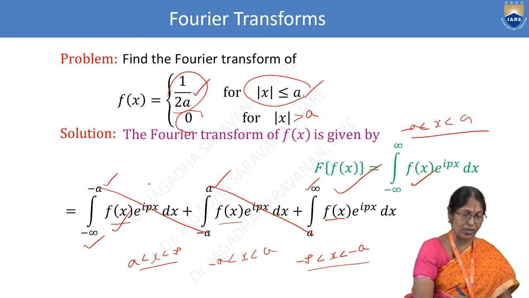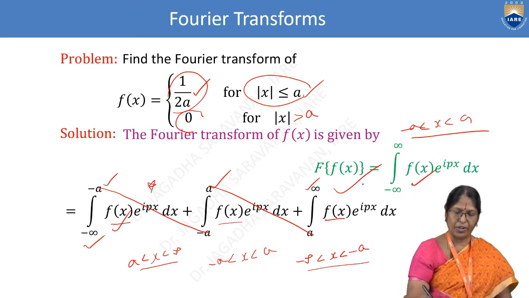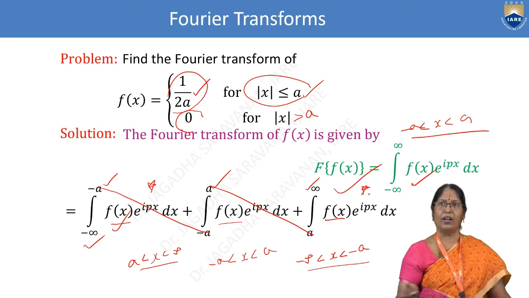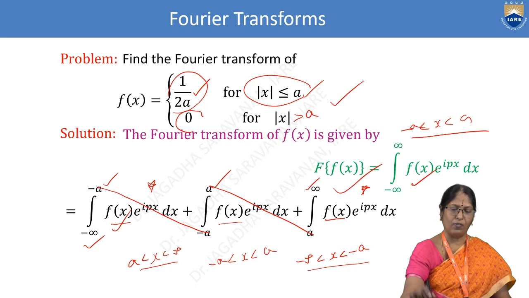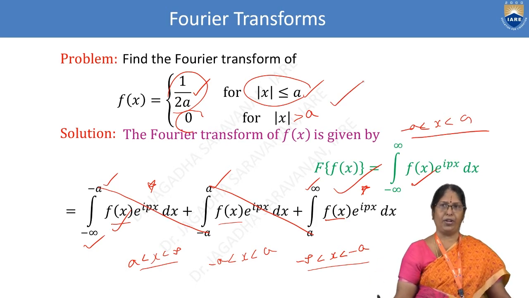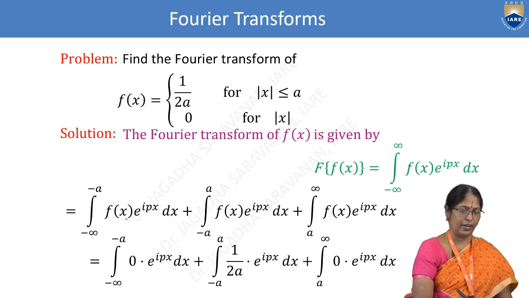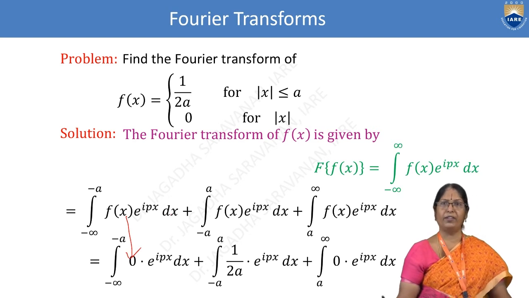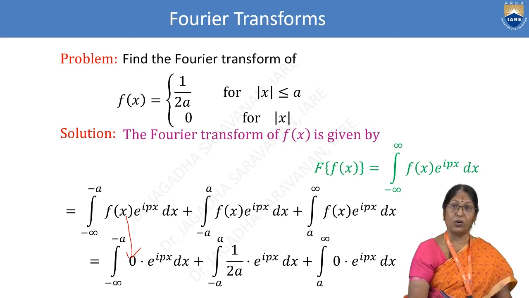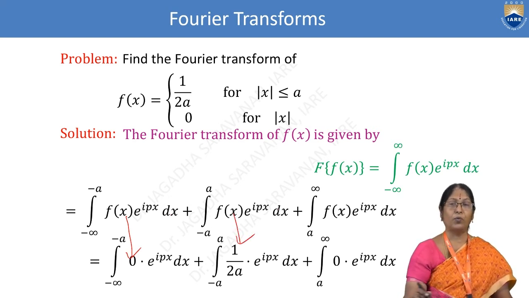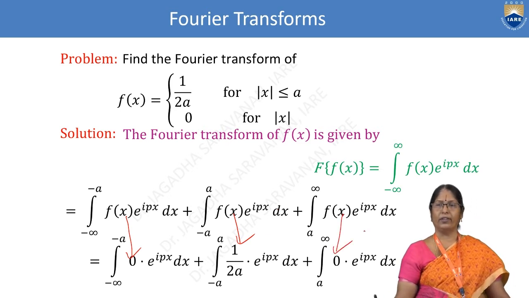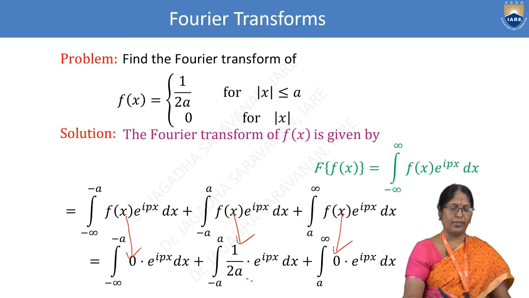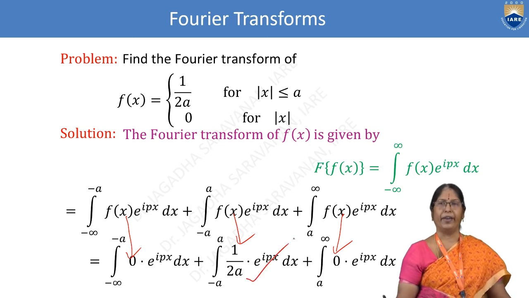Now the first integral and the third integral both vanish according to our problem condition. Yes, it is correctly substituted here. We can check: for the first integral f of x is 0, the second is 1 by 2a, the third is 0. So only the middle integral exists.